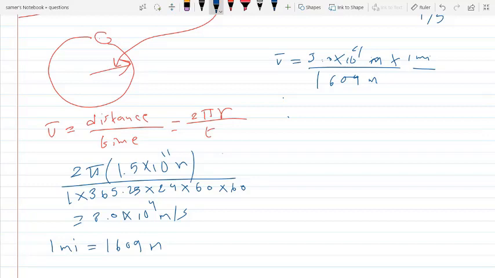Calculating this gives 19 miles per second.